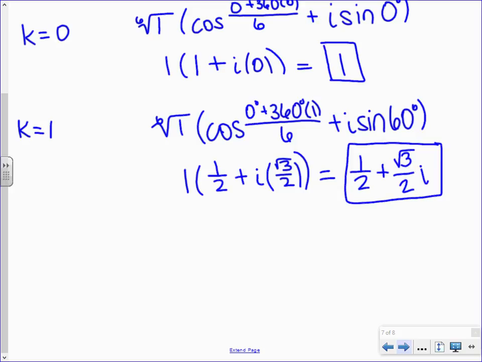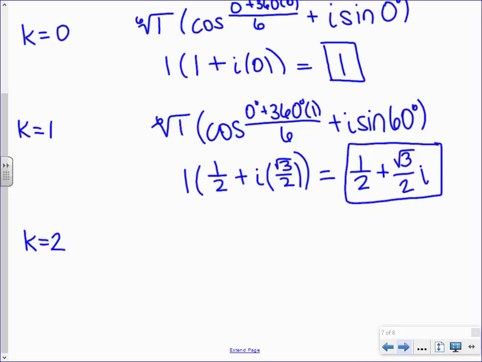If we take that number and raise it to the 6th power, we will get 1, because it is a 6th root of 1. Isn't that cool? Okay.